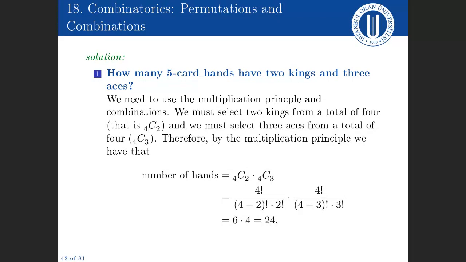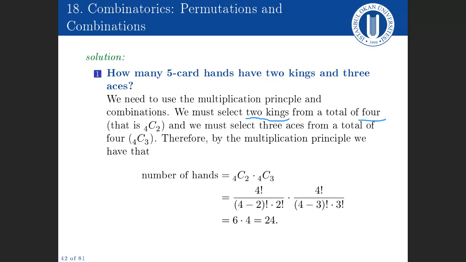To answer this, we're going to need to use the multiplication principle and combinations. First, how many different ways can we get 2 kings? A standard deck of cards has 4 kings. So we're going to be choosing 2 out of 4. 4C2 different ways to choose 2 kings out of a total of 4.